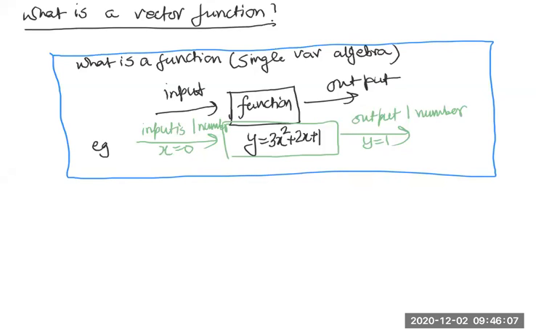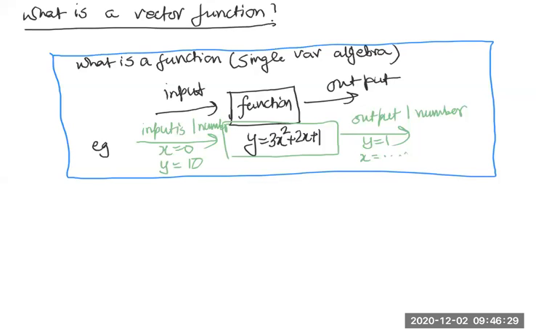Another example would be, I've painted myself in a corner, but another example would be y is equal to, I don't know, 10, then x is equal to something. You can work it out. It's solving a quadratic equation.